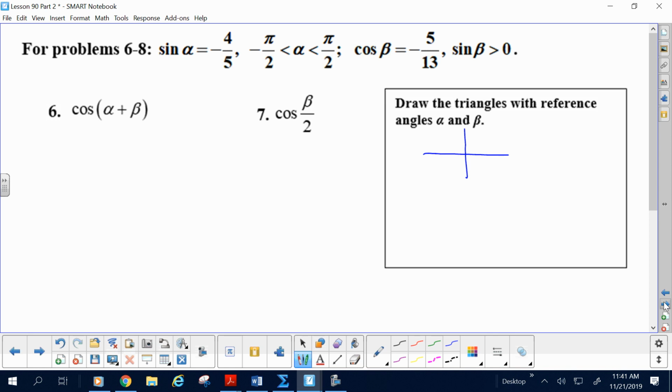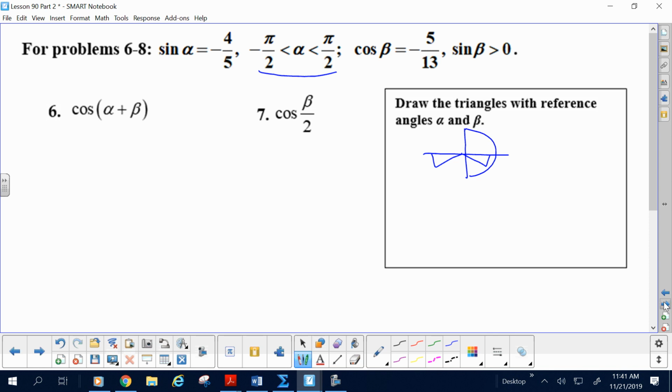Third or fourth, because sine is negative, but then they say alpha is between negative pi over 2 and pi over 2, so it must be fourth. So let's go through the logic again. Sine negative implies what two quadrants? Third and fourth, okay? This implies which quadrant?